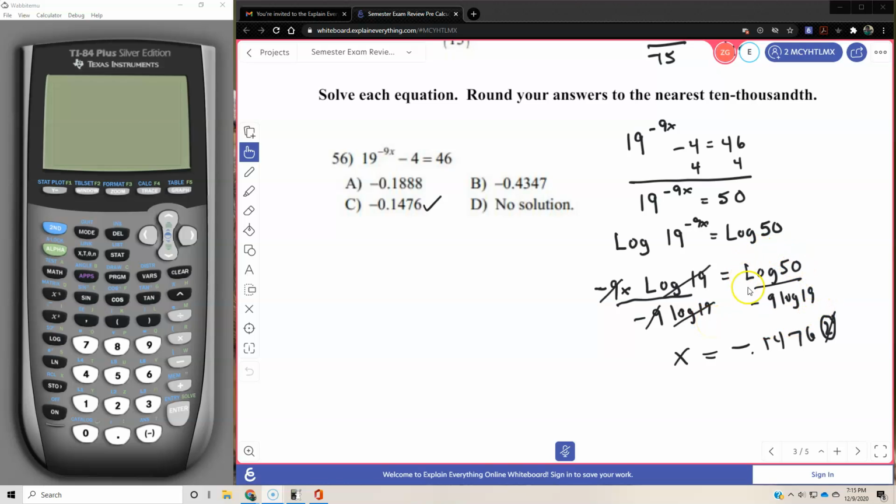Go ahead and leave it like that, and then at the end, use your calculator. So what you have is logarithm of 50 divided by, and I sometimes use parentheses in the denominator, negative 9 logarithm of 19.